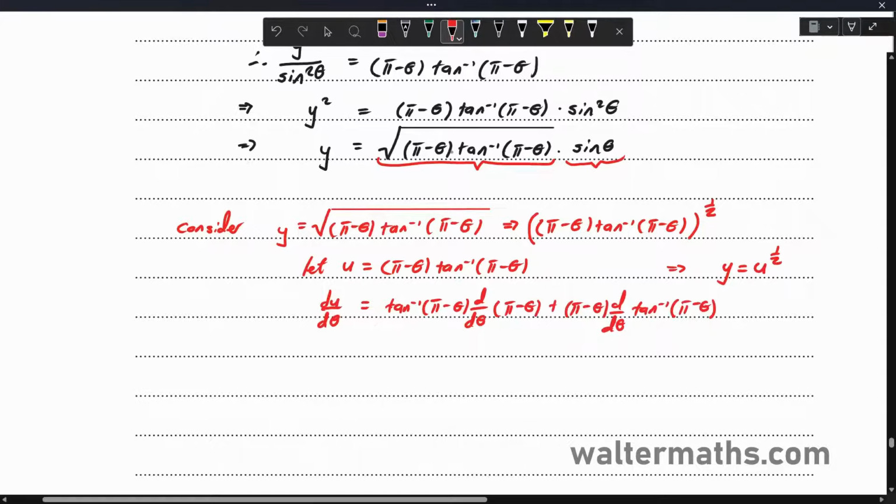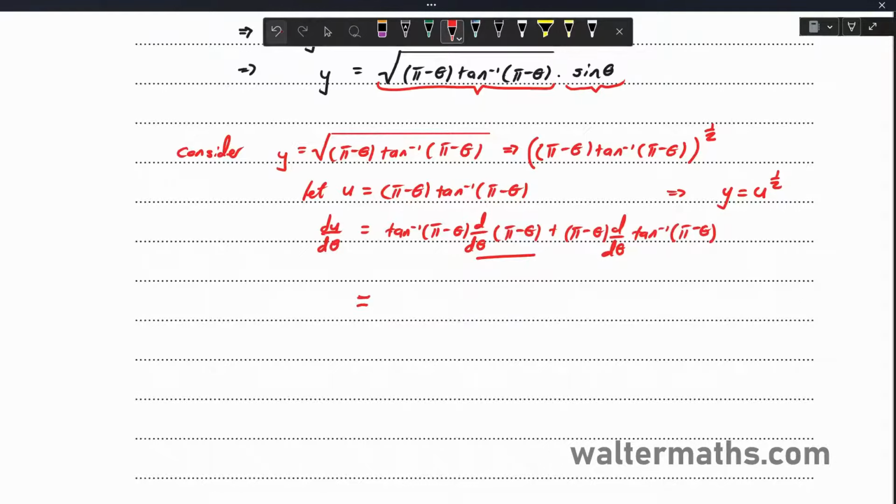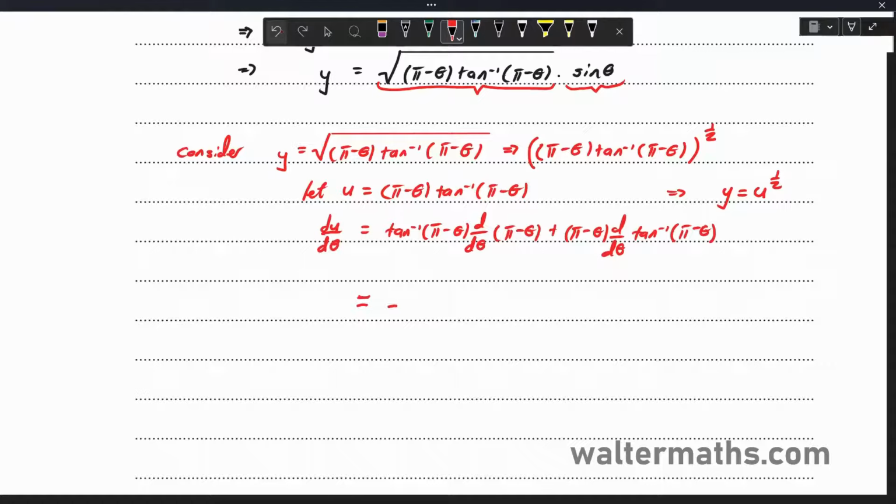We know that if we differentiate pi minus theta with respect to theta, we get minus 1. So we have minus arctan(pi minus theta), and that's plus, on this part, differentiating arctan(pi minus theta).